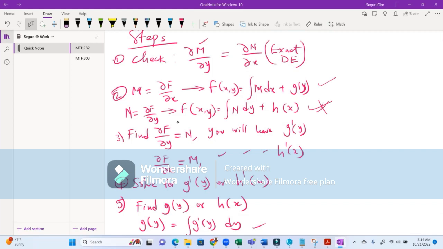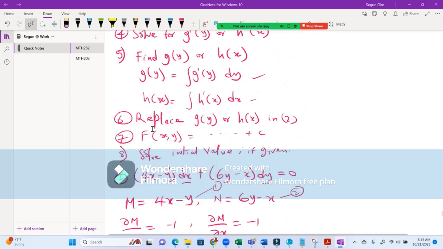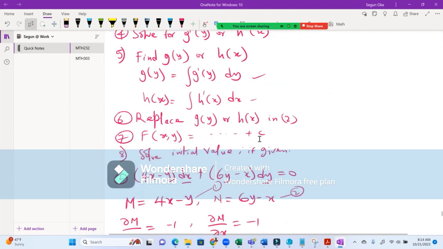Then I need to solve for g prime or h of x, either of the two. It depends on what the question asks you to do. Then I need to replace them. If I replace it, what do I have? Then I need to solve it.